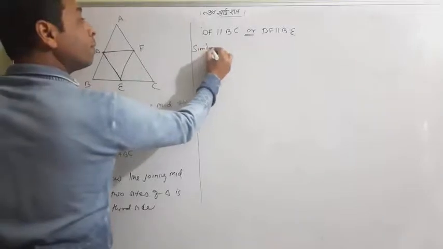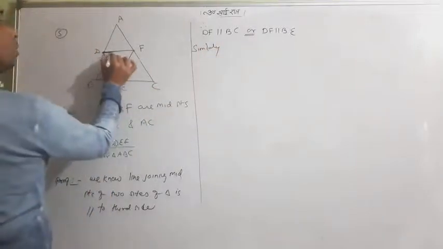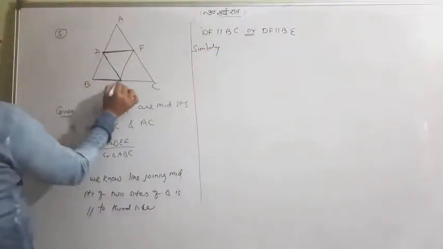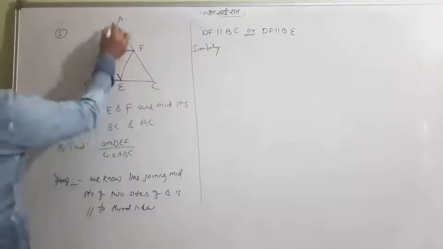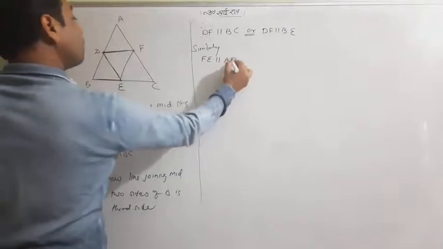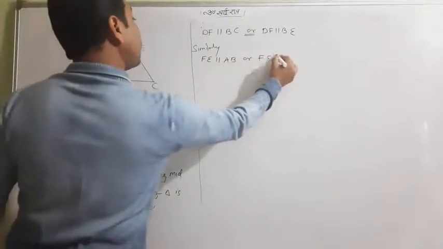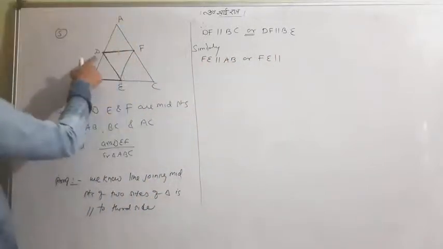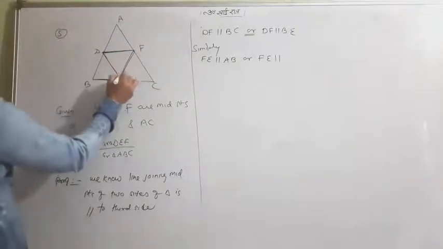Similarly, you have shown DF parallel to BE. Similarly, FE was parallel to AB, or FE can be written parallel to AB, the part DB. Now FE parallel to DB.